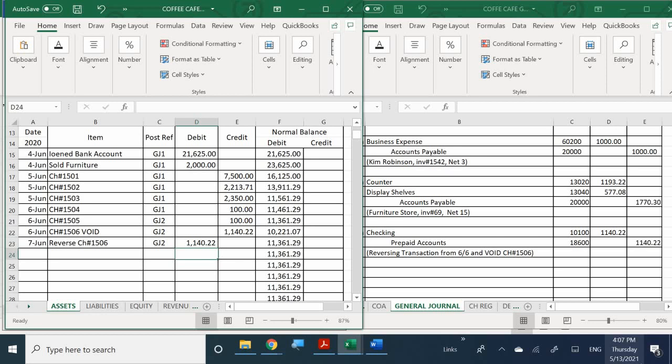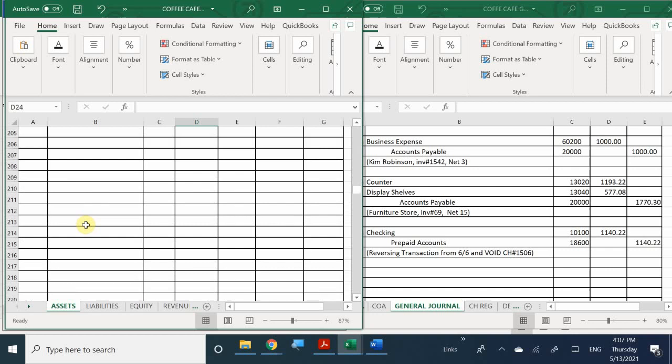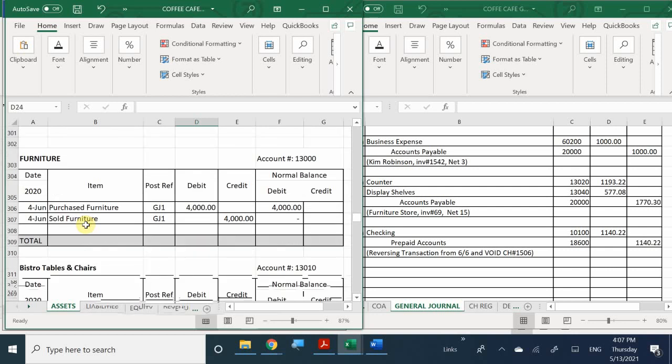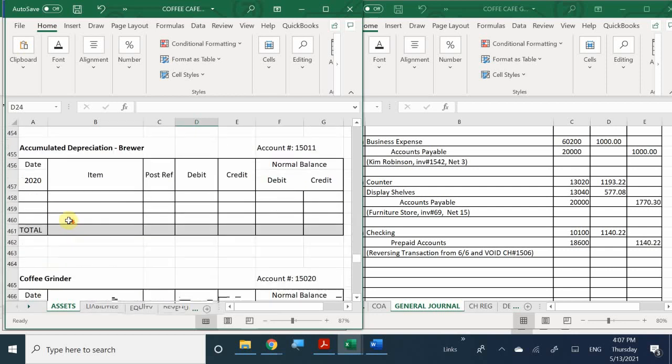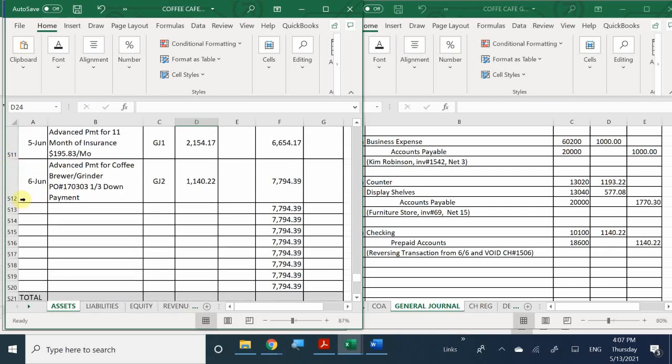So in this case, we did put back the money in our checking account, so therefore we have to also reverse our transaction here on our prepaid accounts account. Here we are, prepaid accounts.